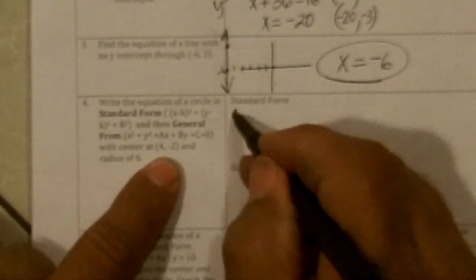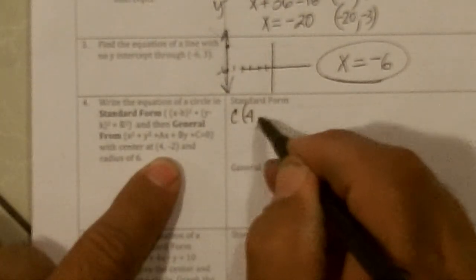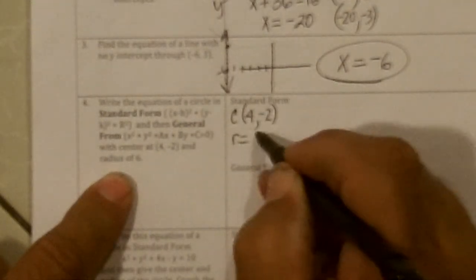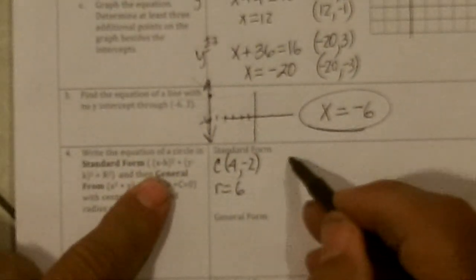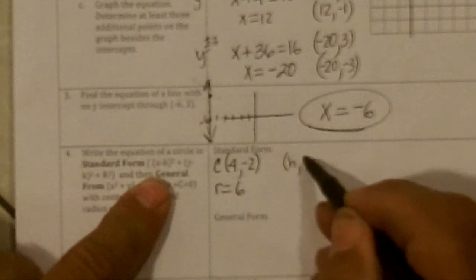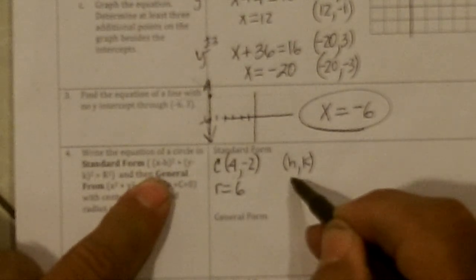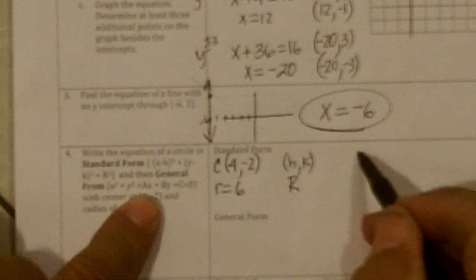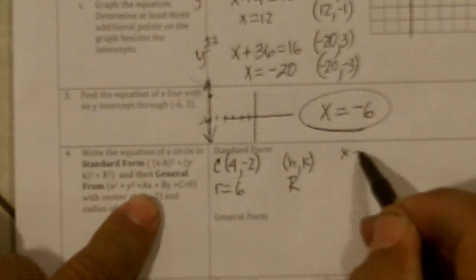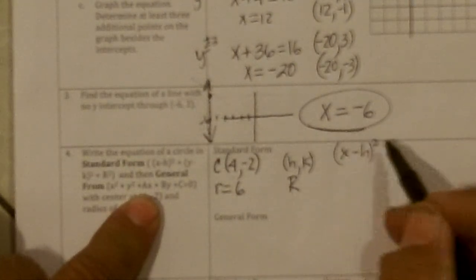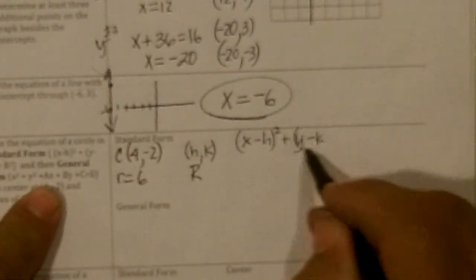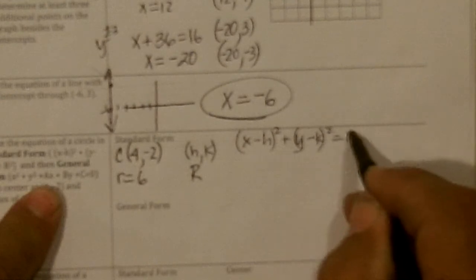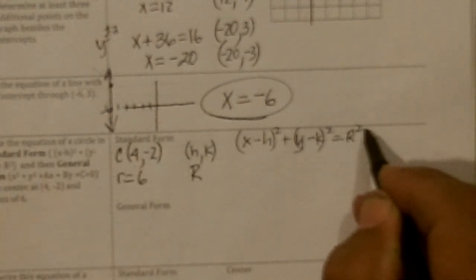We have a center that's (4, -2) and a radius that's 6. It says the general form is, if it has a center of (h, k) and a radius r, the equation is (x - h)² + (y - k)² = r².